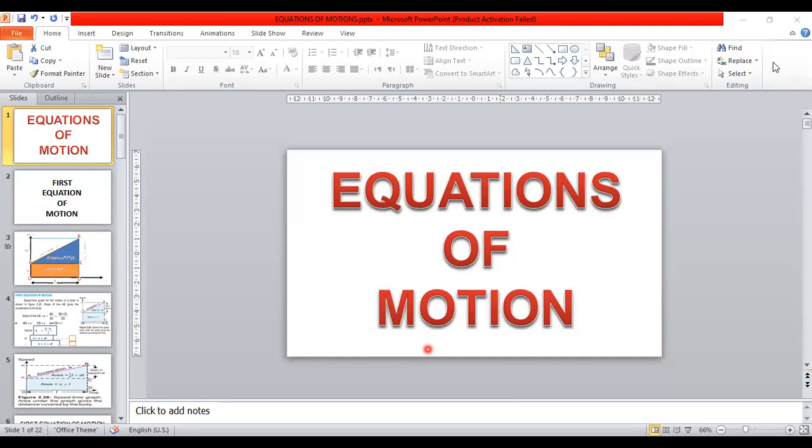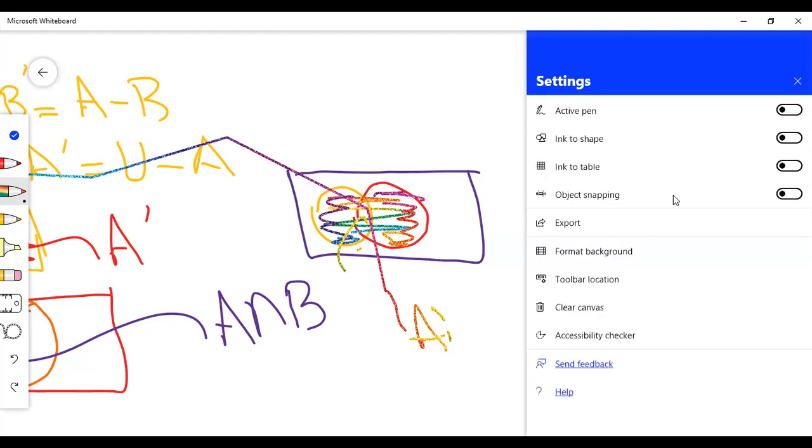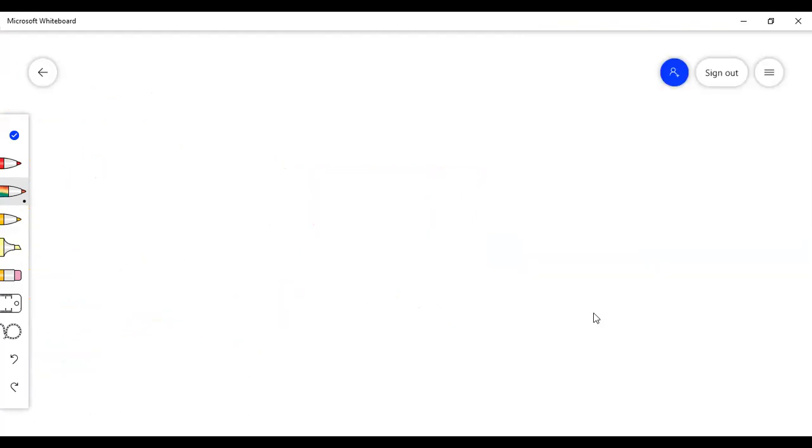If you have the book, let me share this board. Now the board is coming over here. Let me clear this. Look at this, so this is all about that.